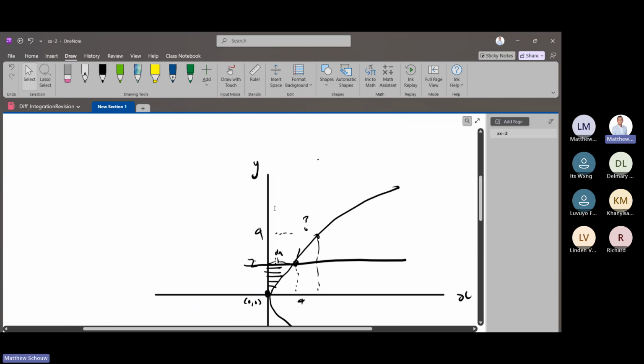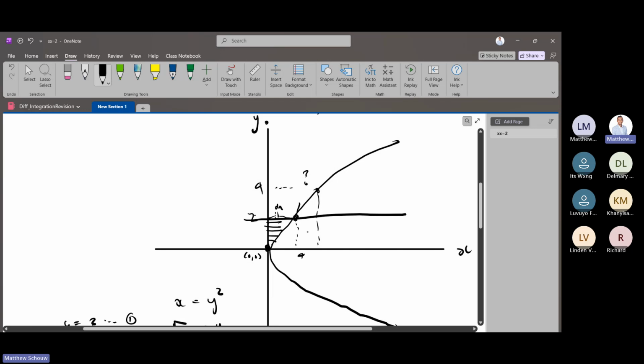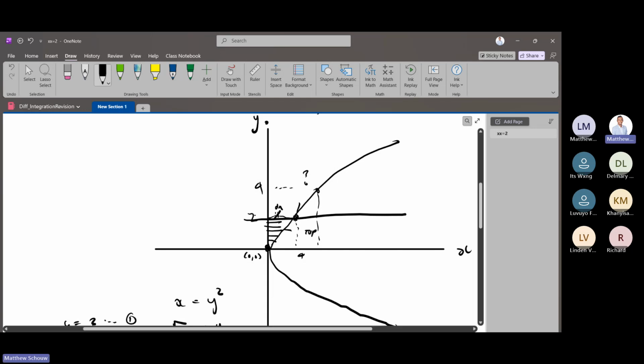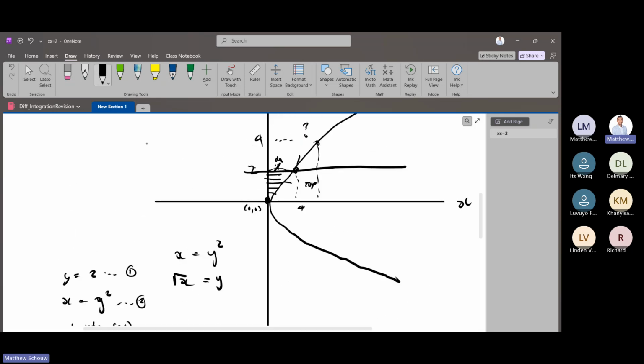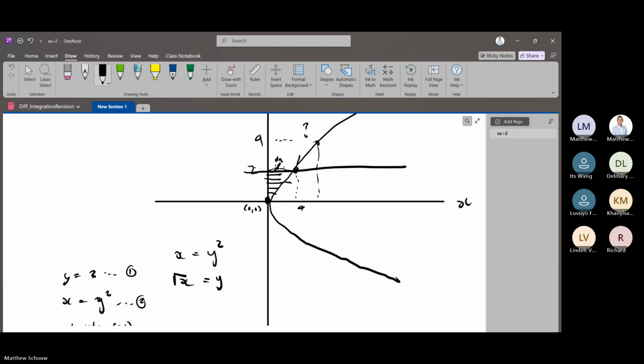If you are integrating from the y-axis, you have to assume that this is the base, and this will be on the top, that'll be at the bottom. So it's always top graph minus bottom graph. But if you're looking at the x perspective, which is what we are comfortable with, this graph is on top, and obviously this graph is at the bottom. I hope you guys are with me.